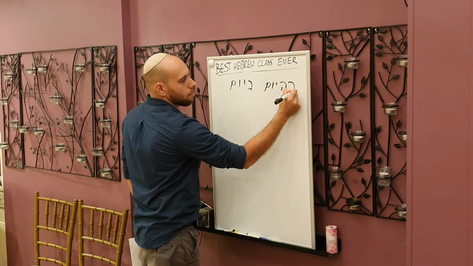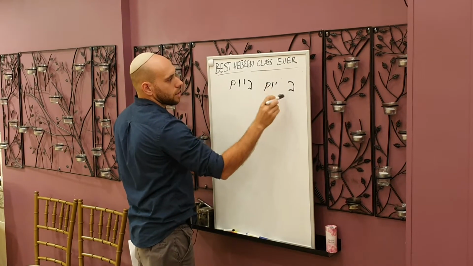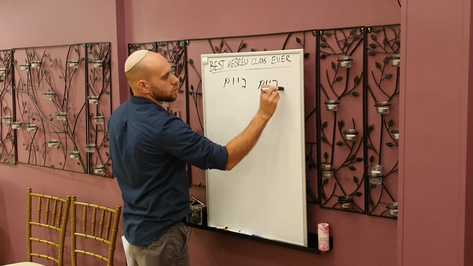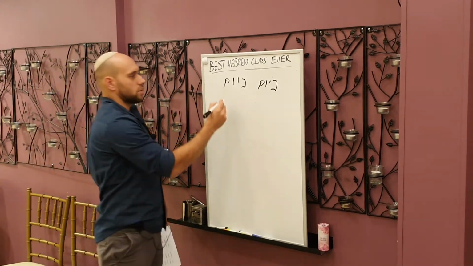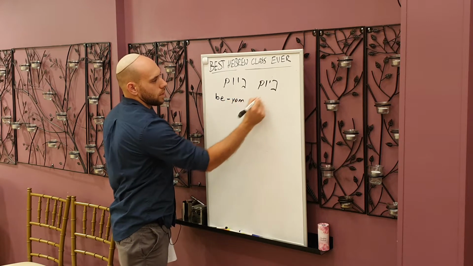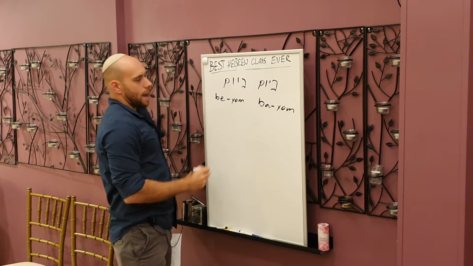When I add the be, I have to remove the ha. It combines, so it looks the same. You actually don't know which one it is, but they're pronounced differently, bayom and bayom, though spelled the same.